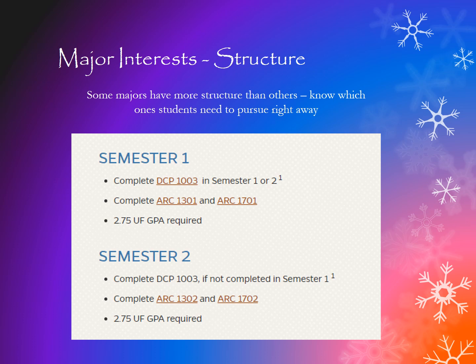So it's important to recognize that there are going to be some majors that are what we call lockstep, and that we want students to try to get as on track as possible right from the very beginning when they are selecting their classes.